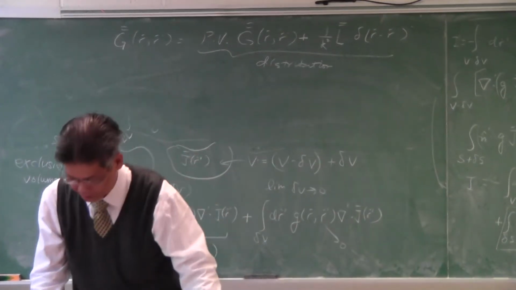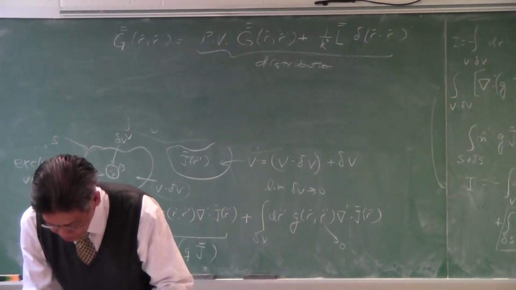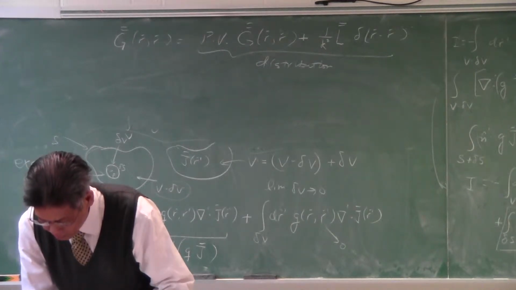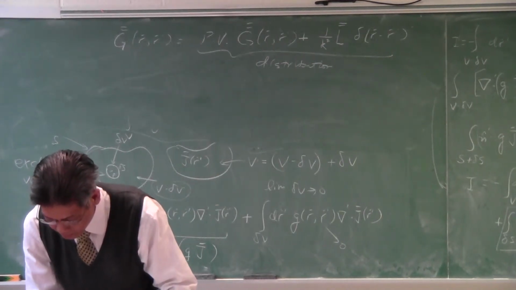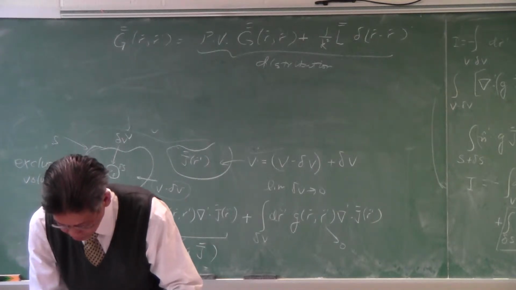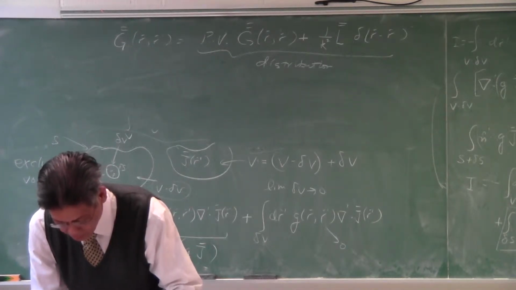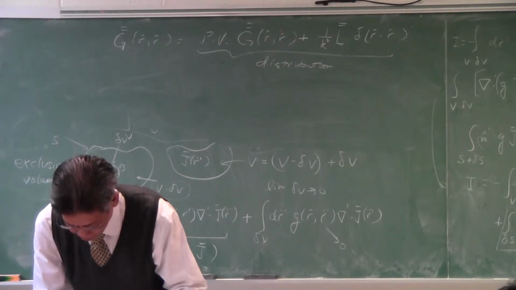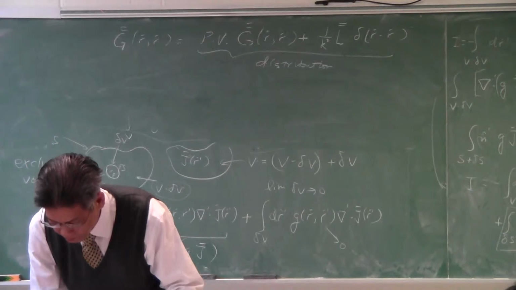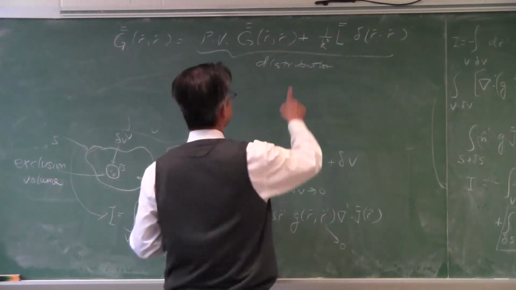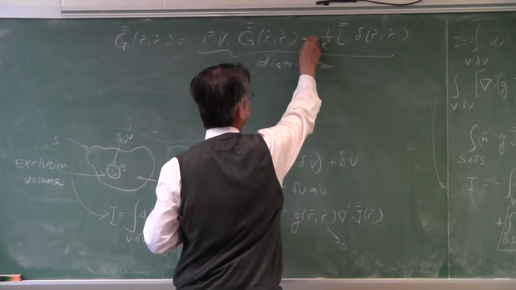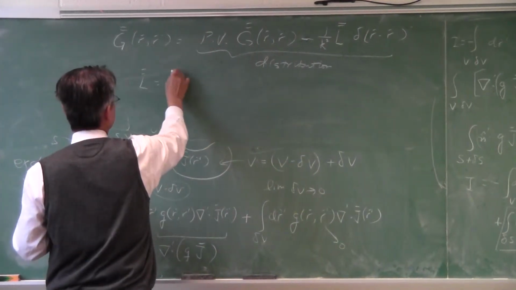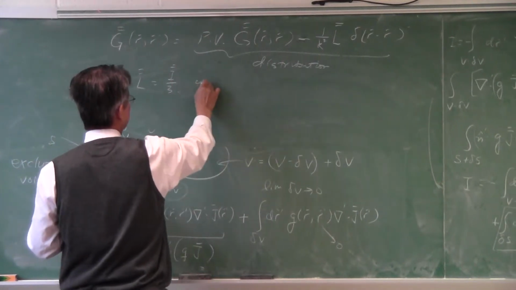Let me see what I have. There should be a minus sign according to the textbook. There should be a minus sign. And then I have L is equal to I over 3 for a cube.